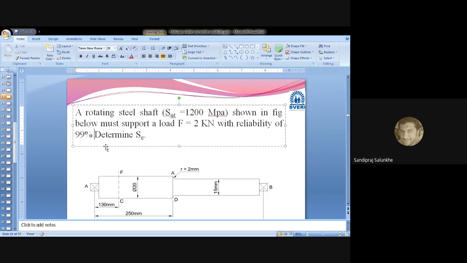They are expecting us to calculate Se, that is the endurance limit, for this case.